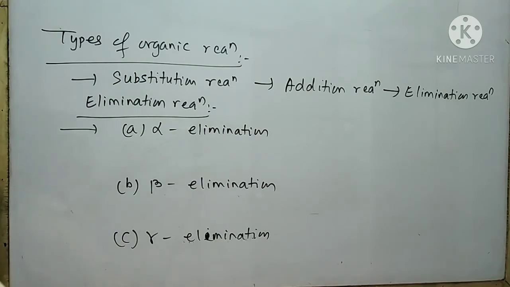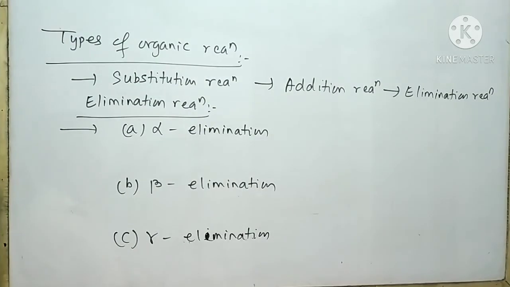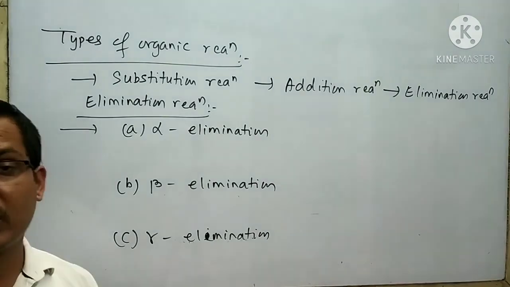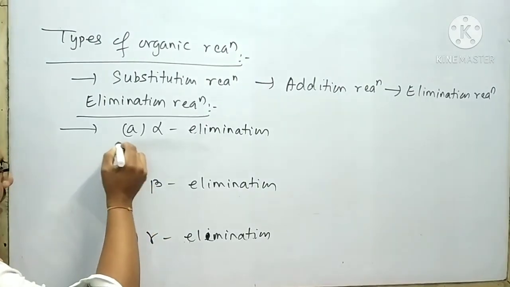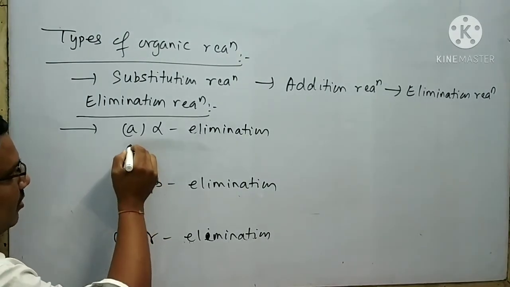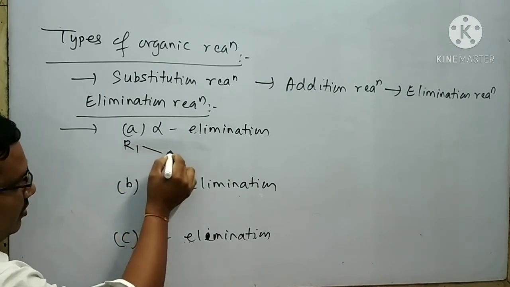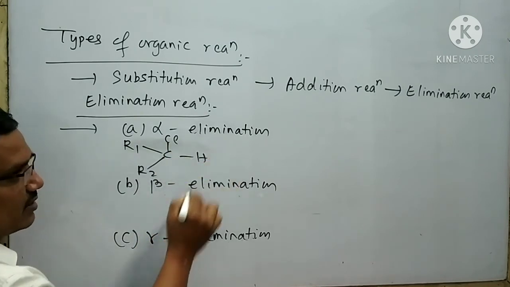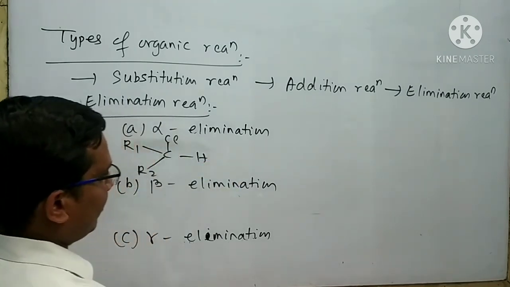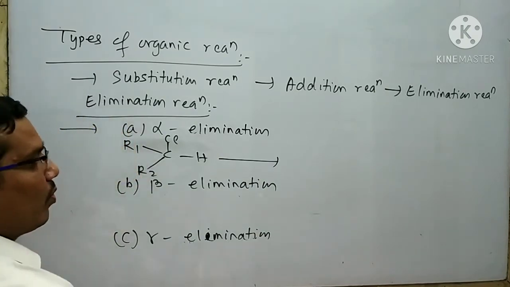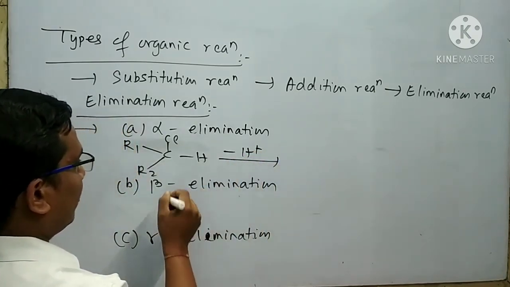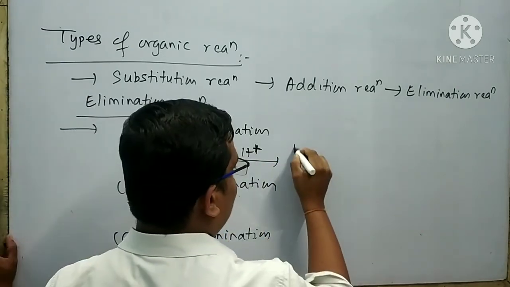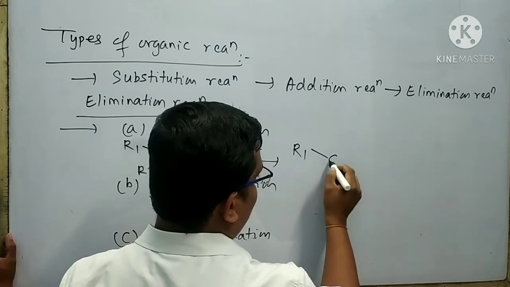At first I will discuss about the alpha elimination reaction. In this reaction, two atoms or groups are removed from the alpha position, giving a new stable product. Take an example of alpha elimination. R1-C-R2 with Cl and H undergoes reaction. At first it loses one H plus ion from the alpha carbon and gives this unstable product.